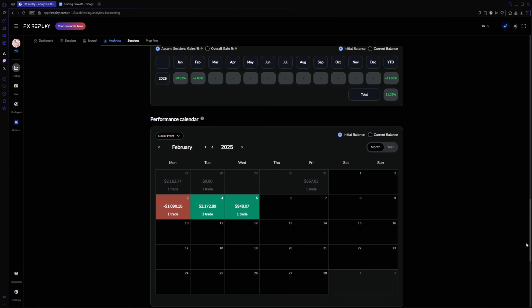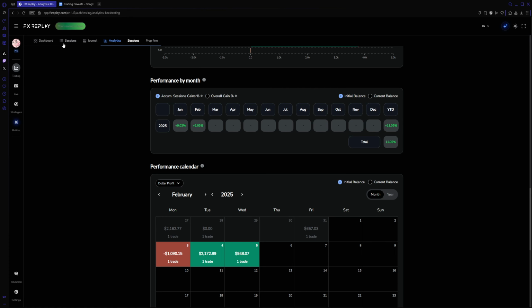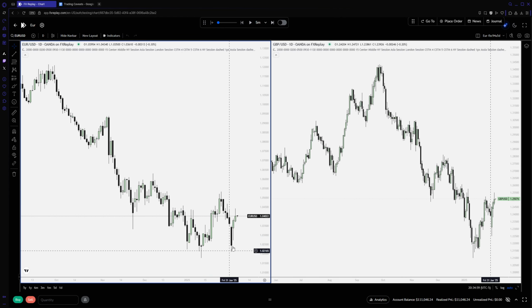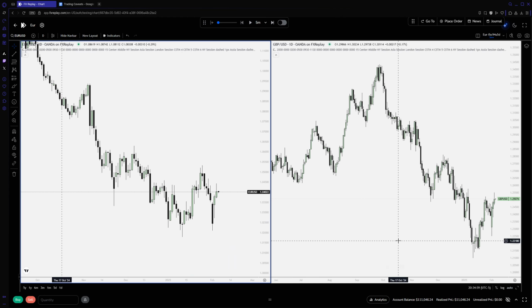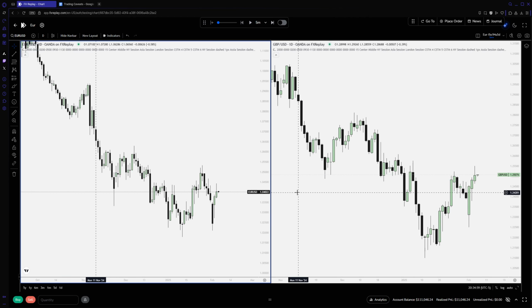I have to figure out what the symbol is for pound dollar. But then at the same time, if I'm gonna do my challenge with that, is there any point in trading NASDAQ if I just operate better on euro dollar and pound dollar? Yeah, I don't know. I do not know.